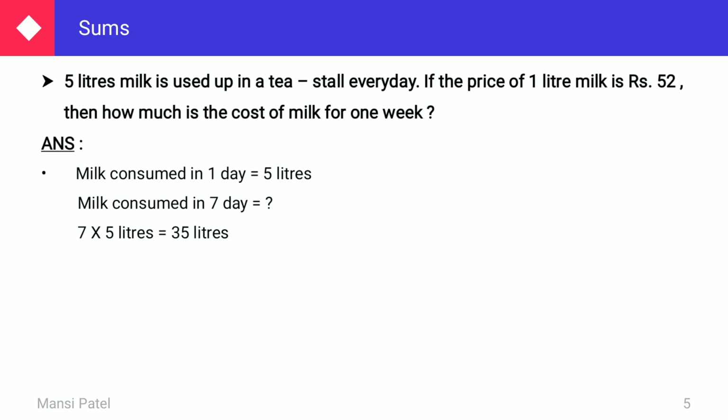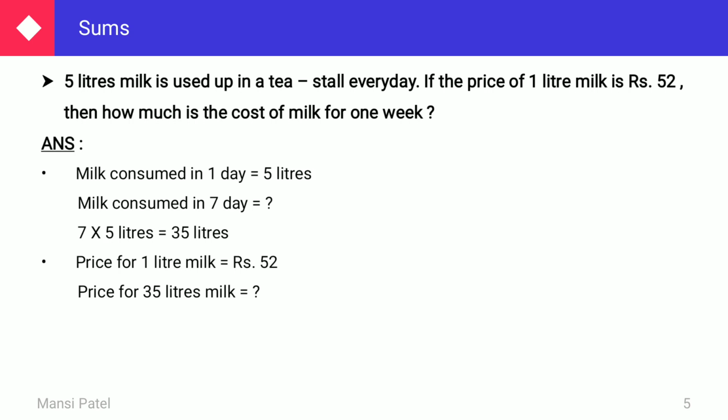Now we have to find out the cost. The price of 1 liter of milk is rupees 52. So what is the price for 35 liters of milk? As we already know, the cost of 1 liter is 52 rupees, and we have to find the price for 35 liters of milk.